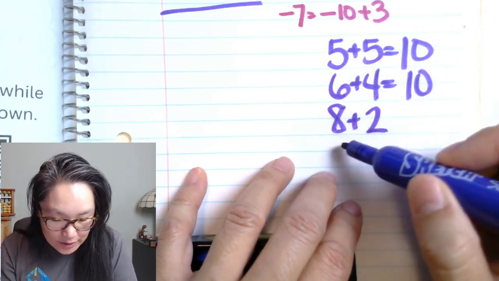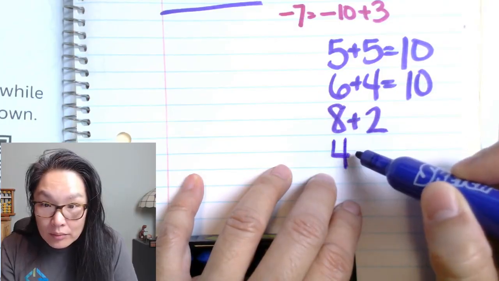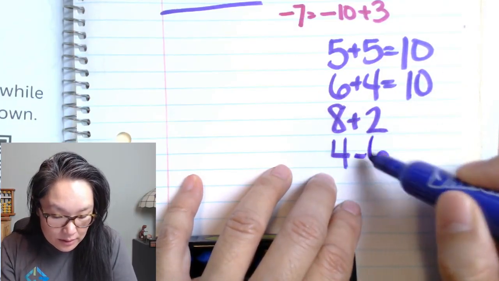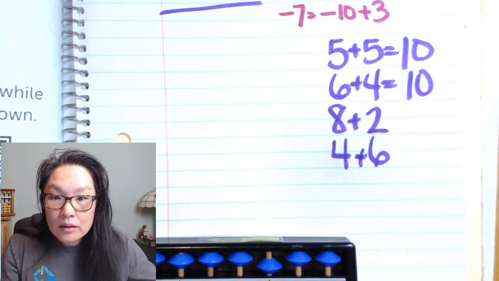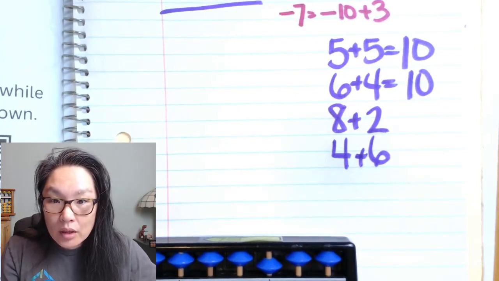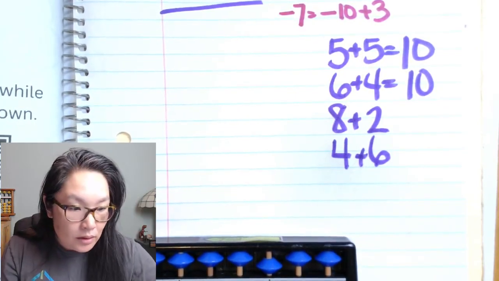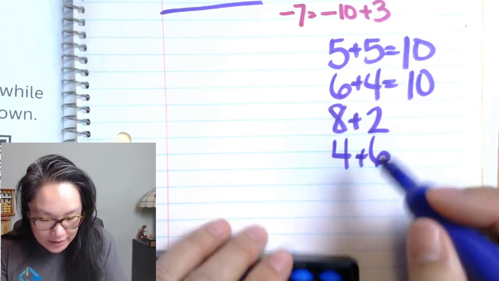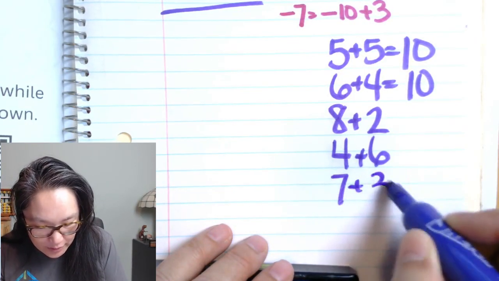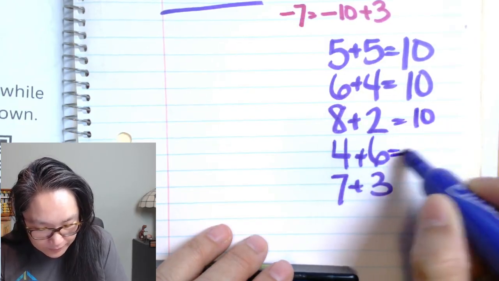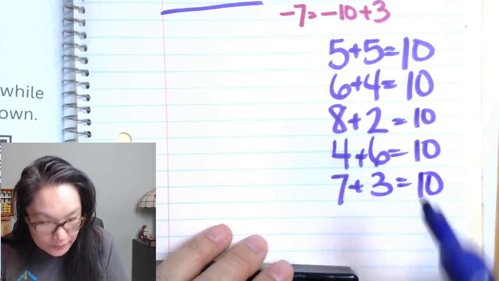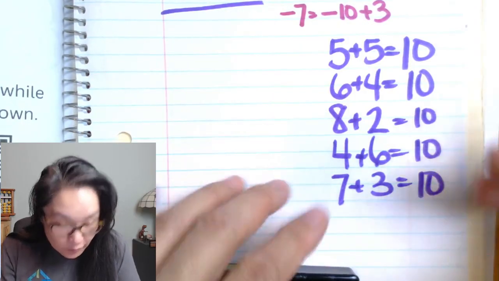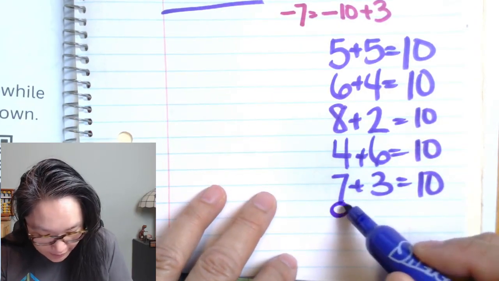And then Keeper does 4 plus 6. Yes, 7 plus 3. So we did 7 plus 3. I think we're done, right? You're right. April, thank you. Thank you, Natalie. We got one.